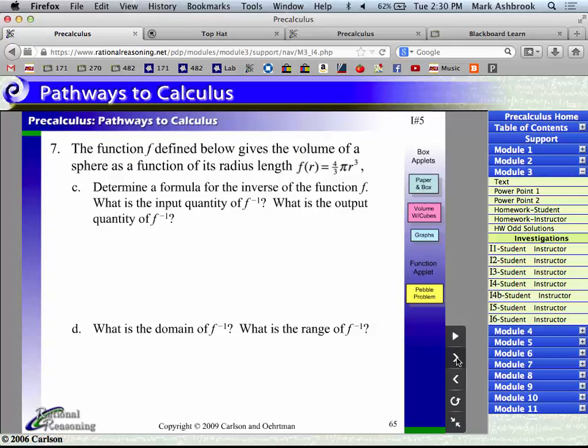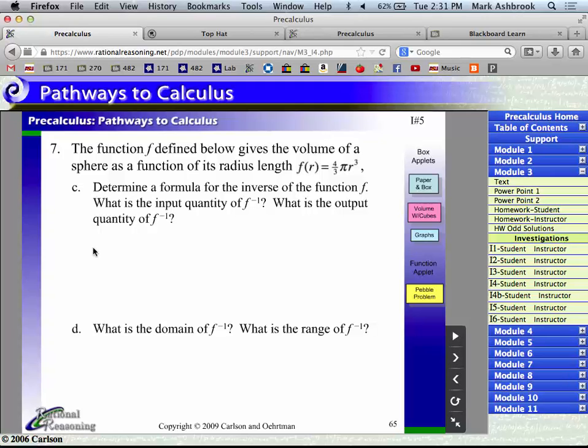Okay, so take a look on page 104. So the next question is, given a function, how do we find its inverse? I'm going to show you a way that you probably haven't seen before, but it really helps with this idea of reversing the process.